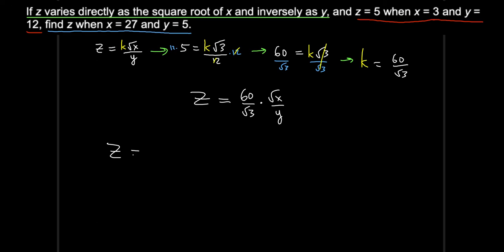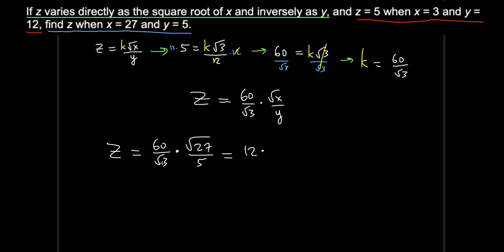So let's solve for z now. z is equal to 60 divided by radical 3. Notice it's the constant value k that we found, times the square root of x. Now x is given to us as 27, divided by y, which is equal to 5. So what is that equal to? 60 divided by 5, that's 12.